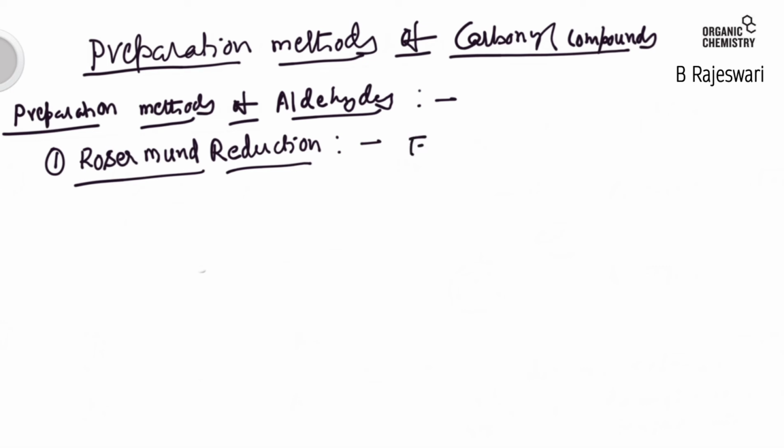From acid chlorides, you can prepare aldehydes. In this method, acid chlorides are reduced with hydrogen in the presence of palladium catalyst supported over barium sulfate at 140 degrees C. What is the general formula of carboxylic acids?